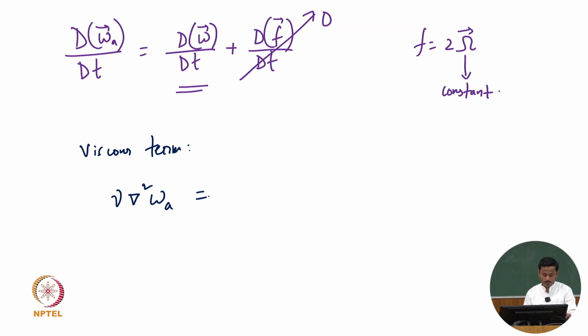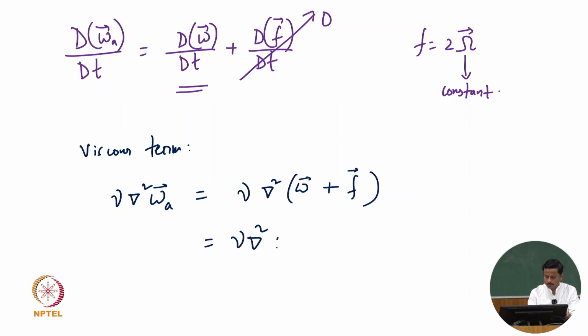If we have the Laplacian of the absolute vorticity, this is equal to nu del square of omega plus f, that is, nu del square omega plus nu del square 2 omega.